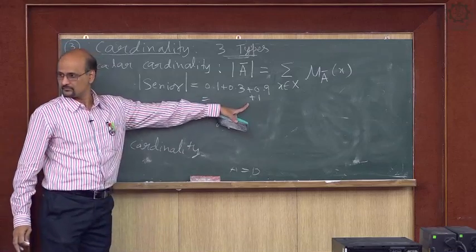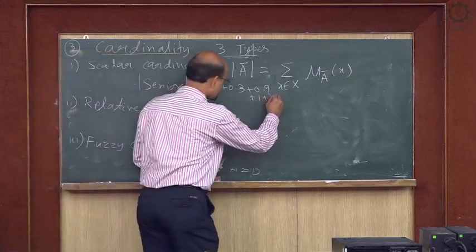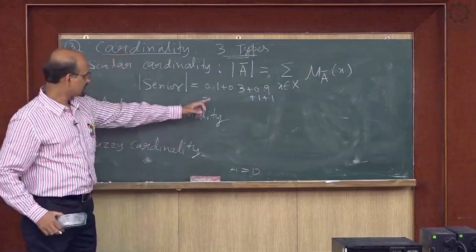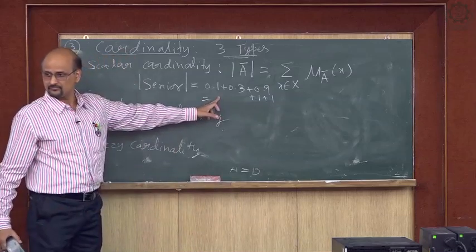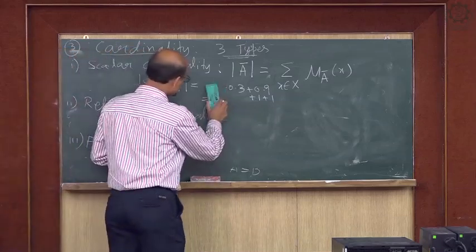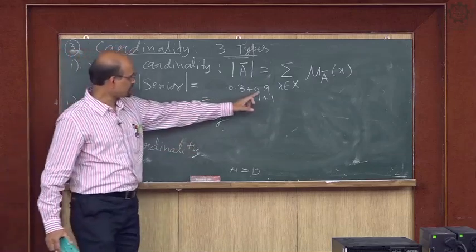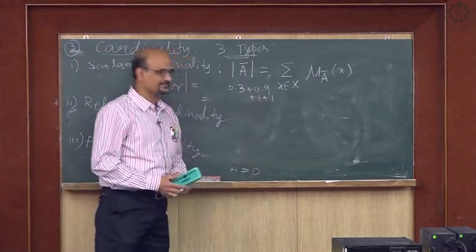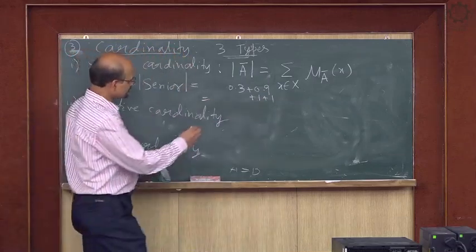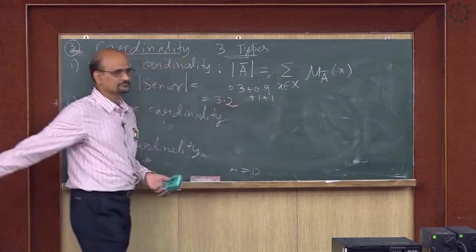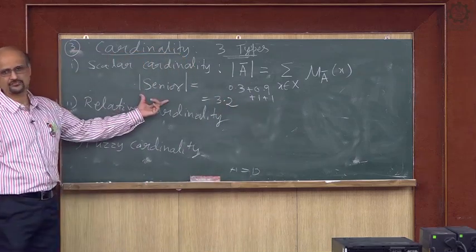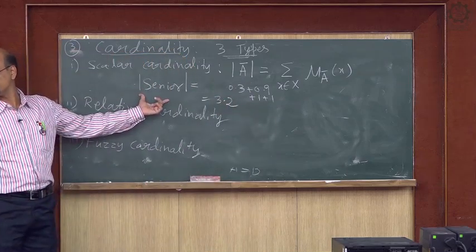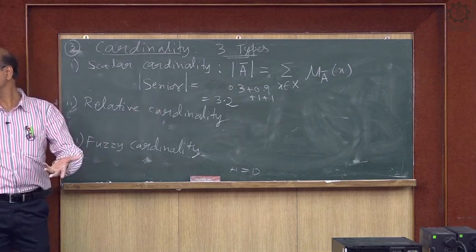So, 0.3 plus 0.9 plus 1 plus 1. So, what is that? 3.2. So, this is the cardinality for this senior fuzzy set. Very easy. Just add the membership functions.